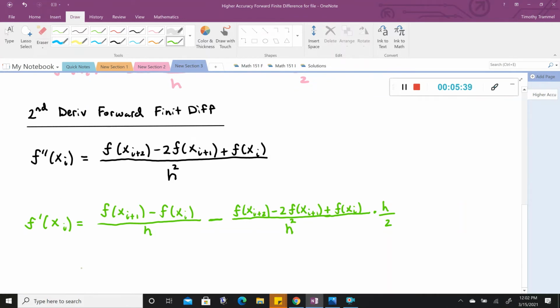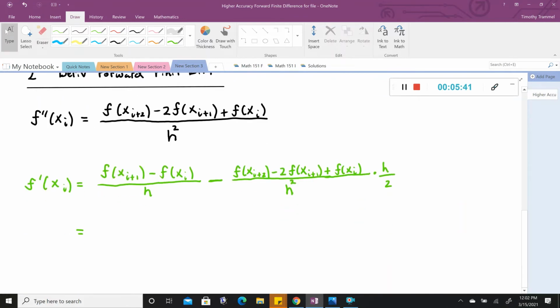All right, so next move here, we're going to combine some terms, but this is the formula we're looking for. We just need to simplify it. I'm going to note here that we're going to lose an h because we have an h squared down here. And so what that means is this denominator is going to end up being 2h.